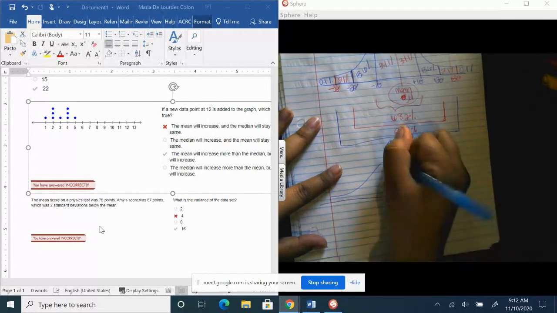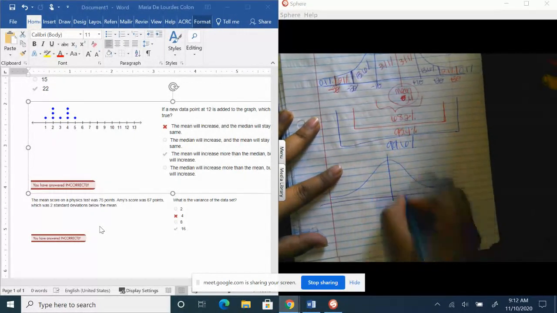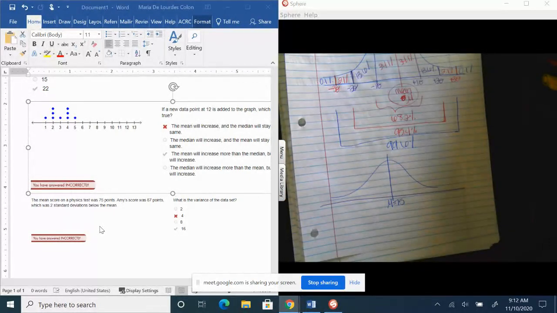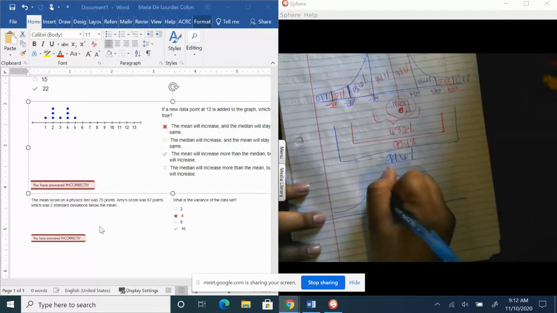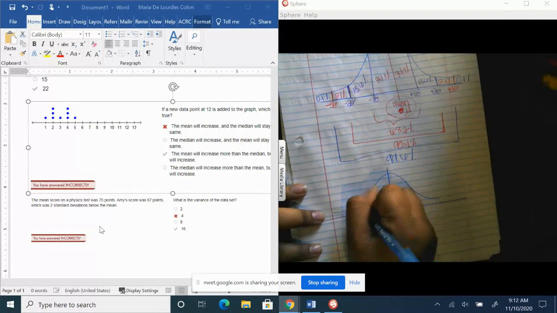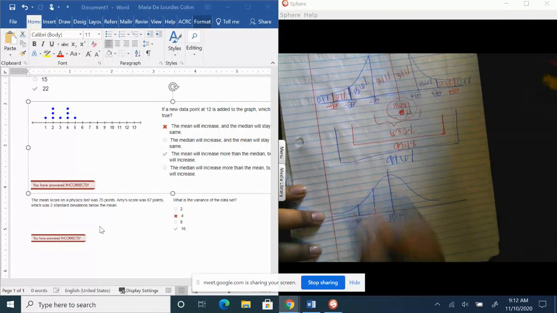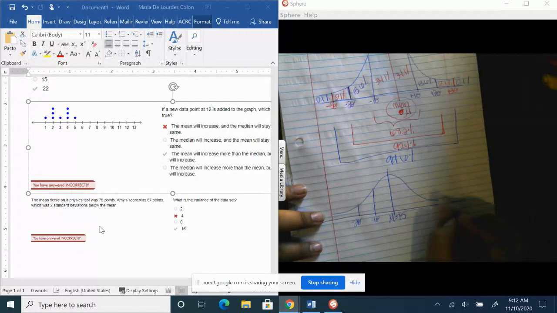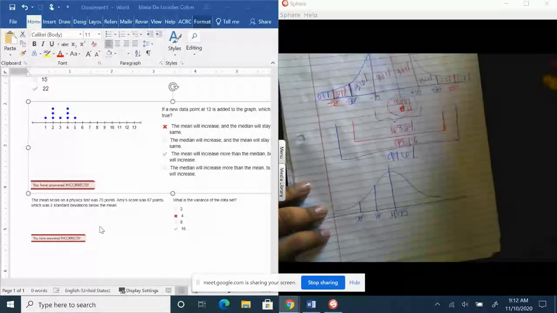We just know that right down the middle, our mean is 75. Amy's score was 67, which was 2 standard deviations below the mean. So 1 standard deviation, 2 standard deviations below, meaning that it was less than the mean.